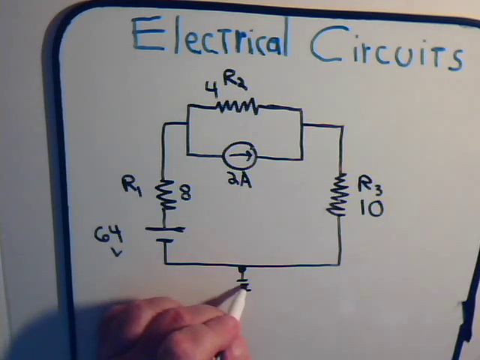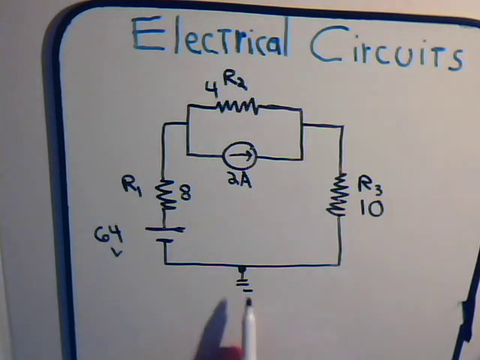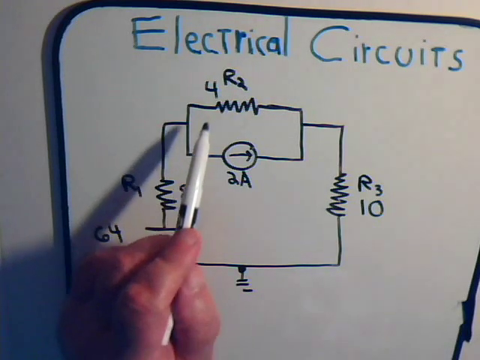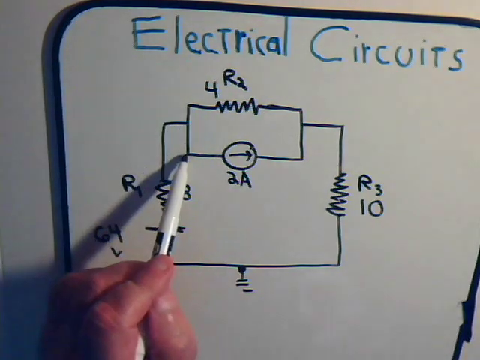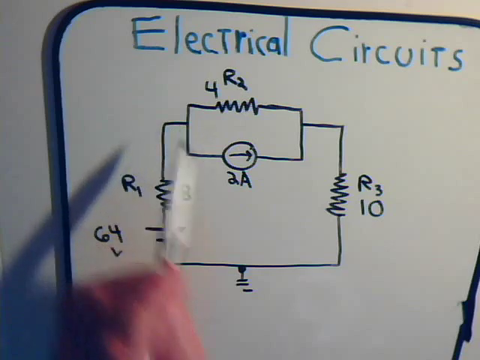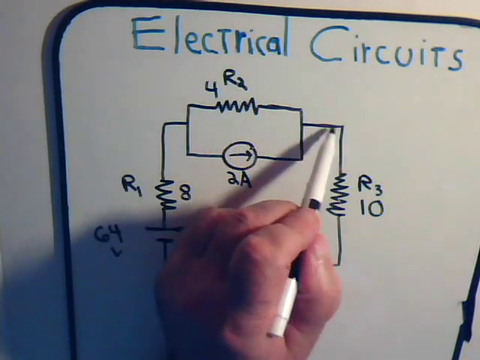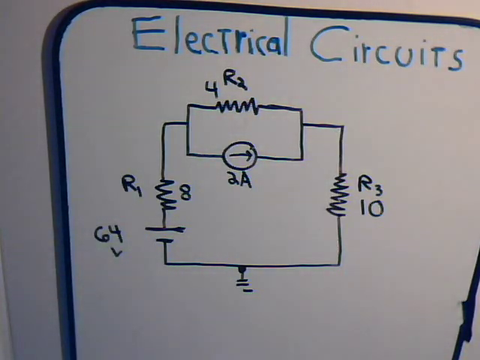One is down here at the bottom, and it is grounded, and there are two more nodes at the top. This part right here is a node, and over here is another node.